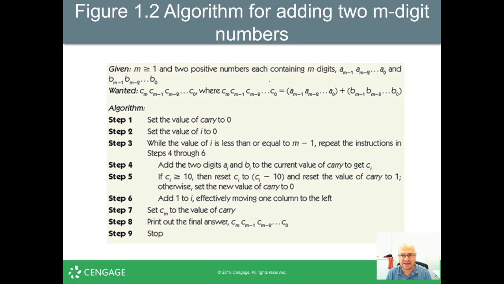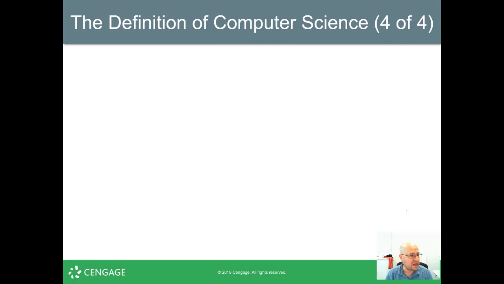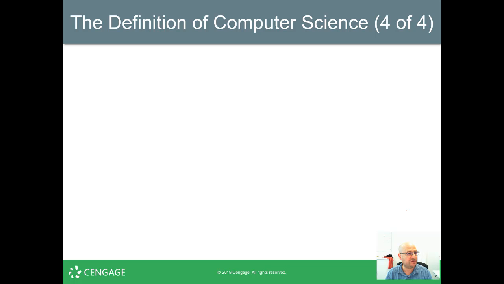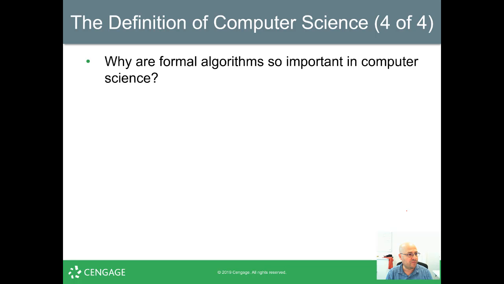But now, instead of adding just 2-digit numbers, it's adding m-digit numbers, and each digit will be stored in one variable, and you can read it later. I won't get into details about this algorithm.